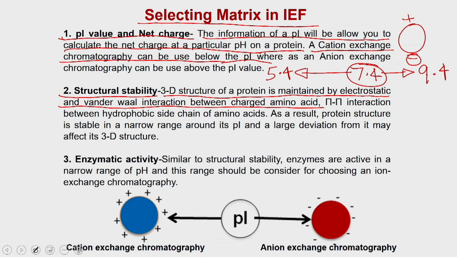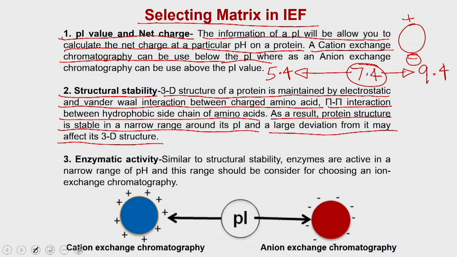You also have pi-pi interactions between the hydrophobic side chains of amino acids. As a result, the protein structure is stable in a very narrow range around its pI, and a large deviation from it may affect its 3-dimensional structure.